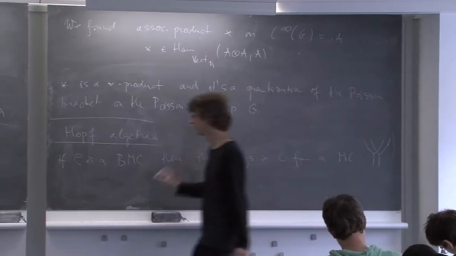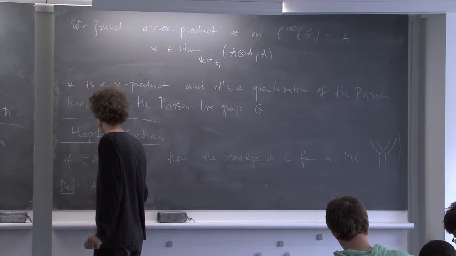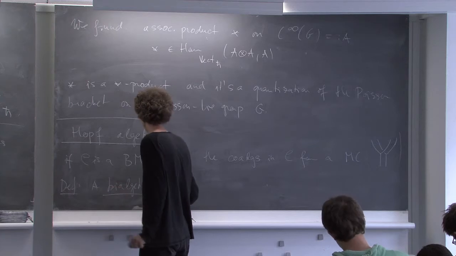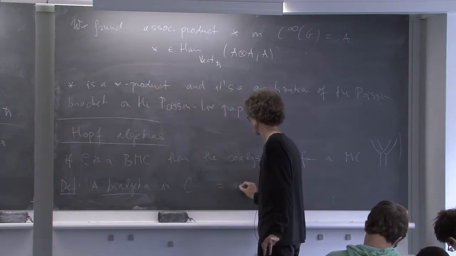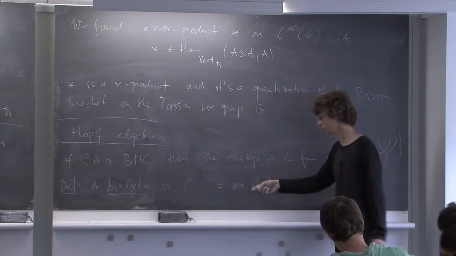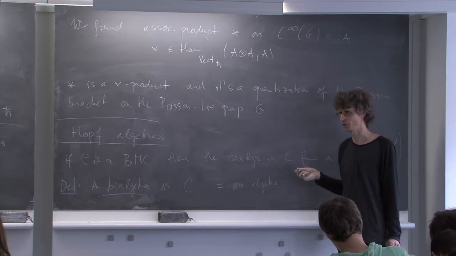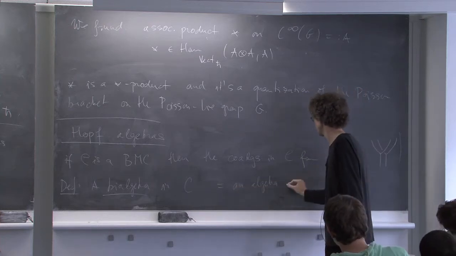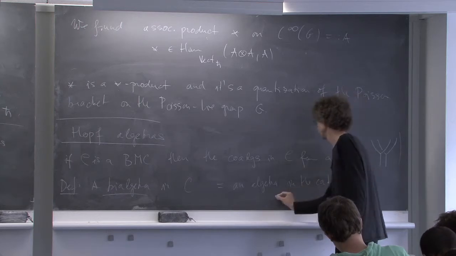And now a definition: a bialgebra in C is the same as an algebra in the category of coalgebras in C. Keep in mind that whenever I say algebra, officially it means monoid, and whenever I say coalgebra, it officially means comonoid.